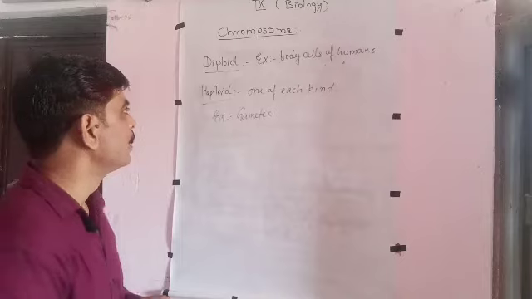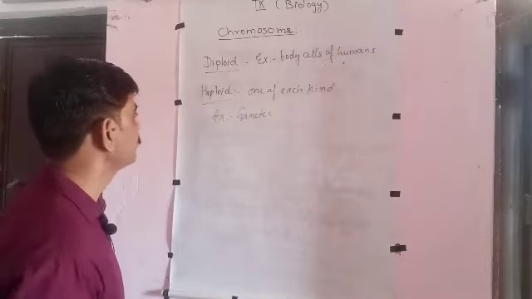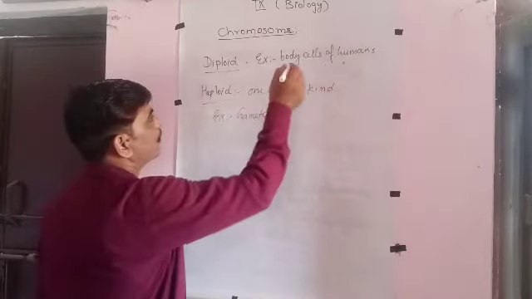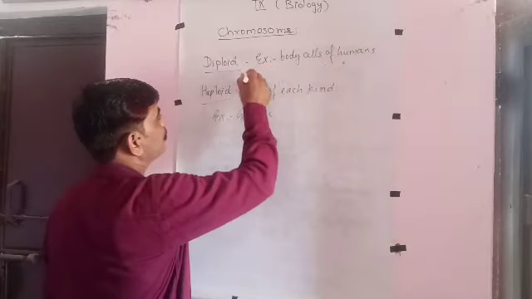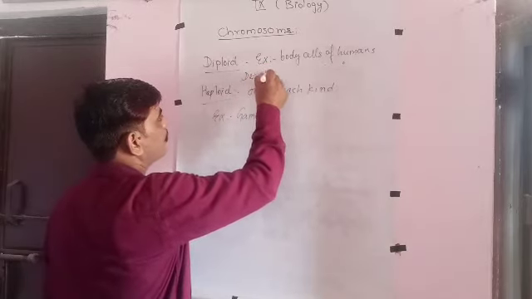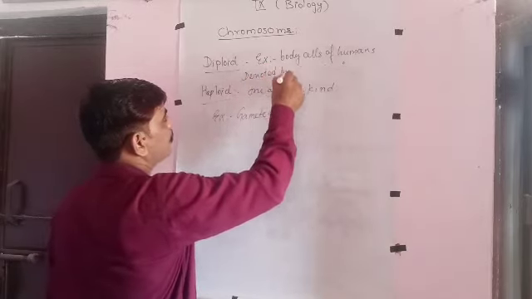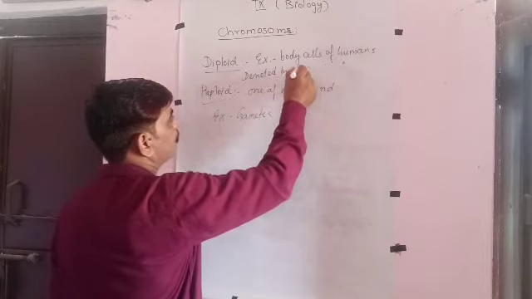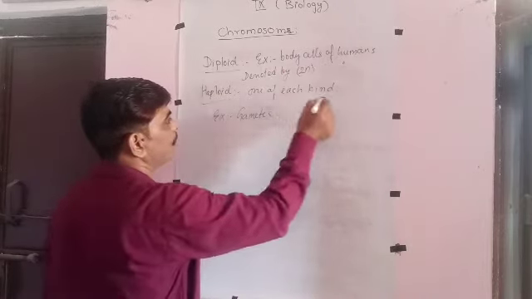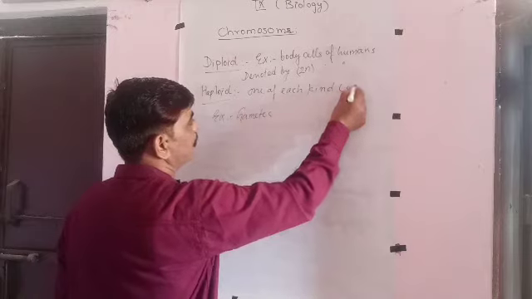The diploid number is denoted by 2n, and the haploid number is denoted by n.